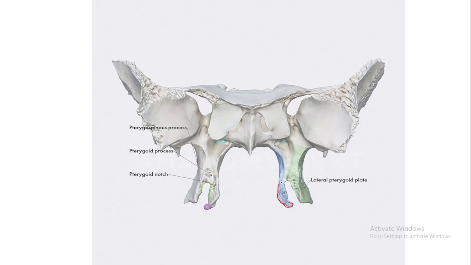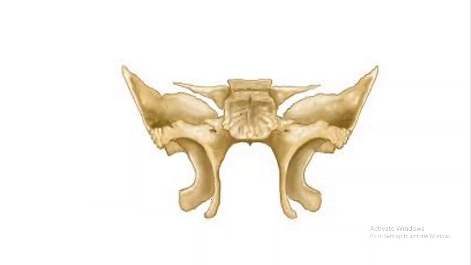Now this free posterior border has a projection at the inferior end of the medial pterygoid plate, which is called the pterygoid hamulus. This is the posterior view of the sphenoidal bone. At the upper end of this medial pterygoid plate, there is a triangular fossa-like structure here and here, which is called the scaphoid fossa.